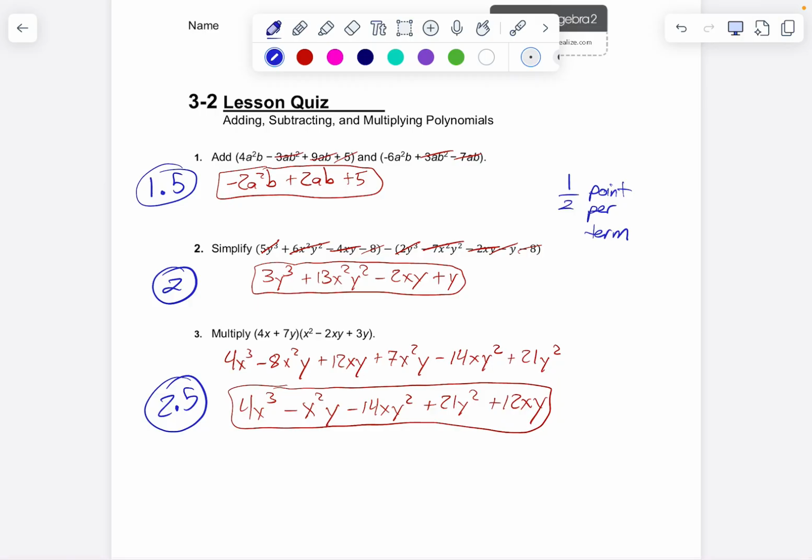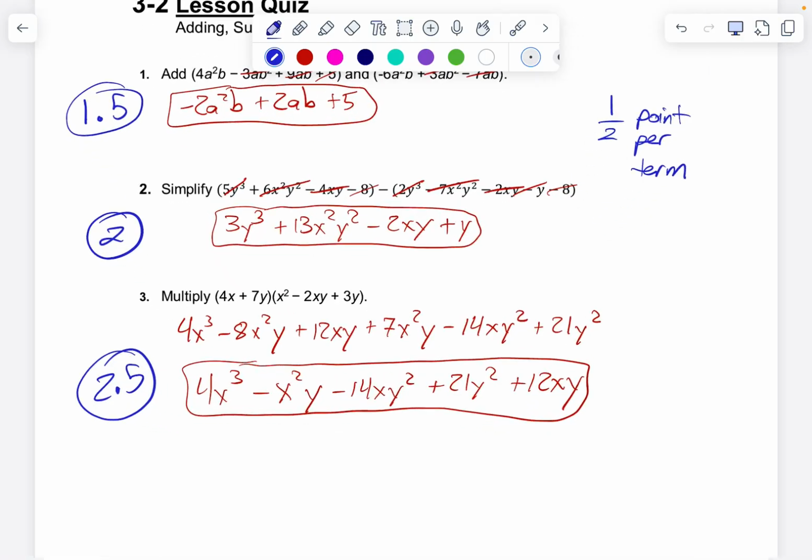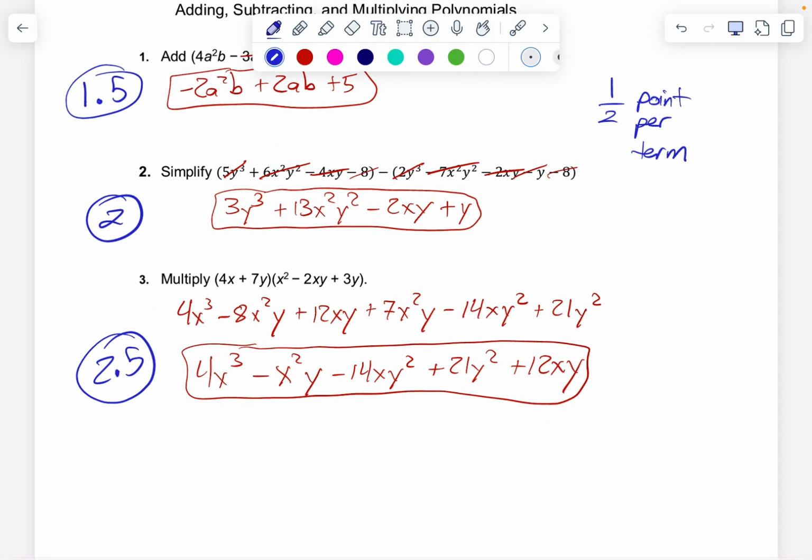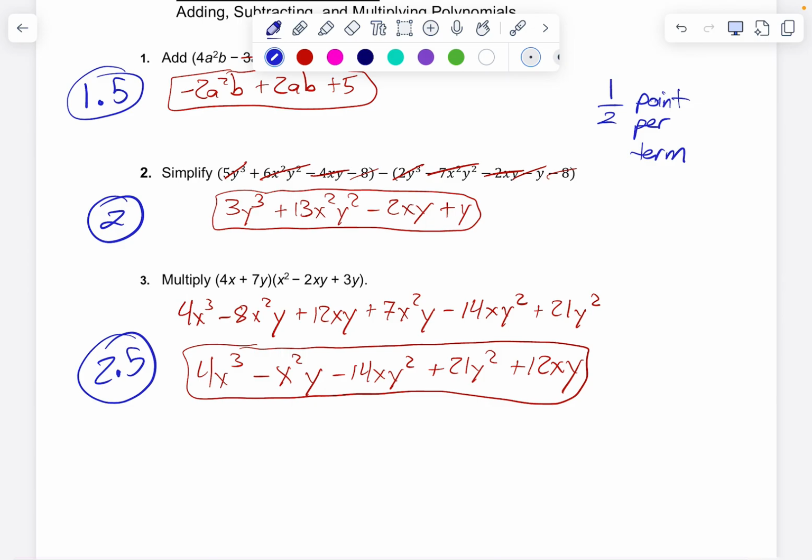Yeah. What is it in standard form? Oh, yeah, okay. So, are you talking about any of them or just 3? Just 3. So, I wrote this in a typical standard form. And remember, the xy term should come after any of these that have higher exponents.